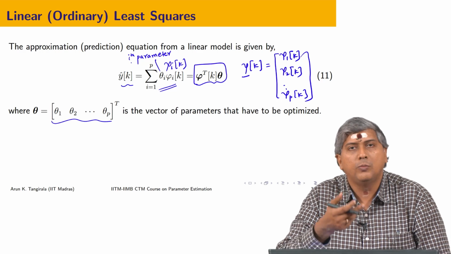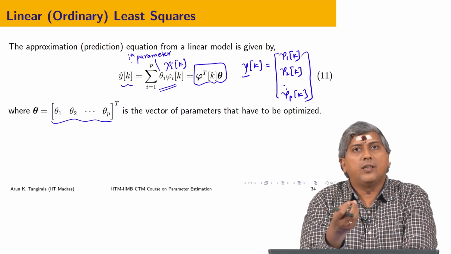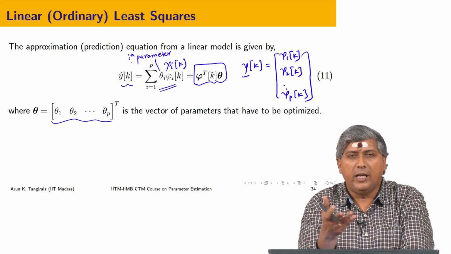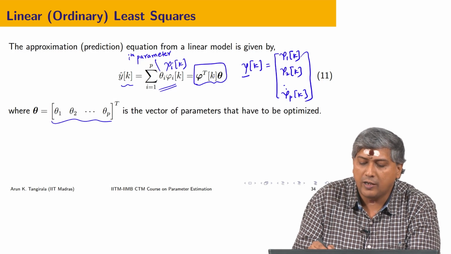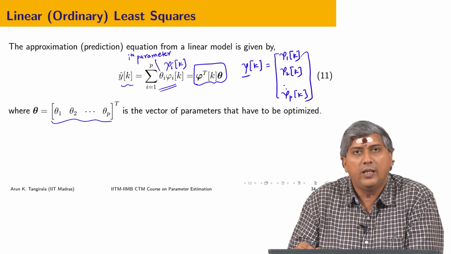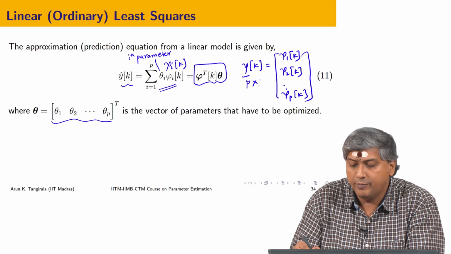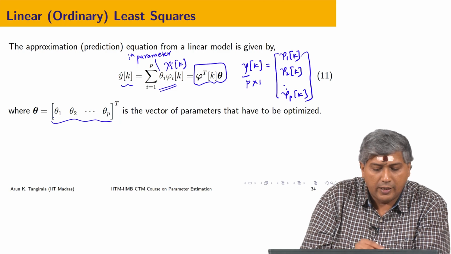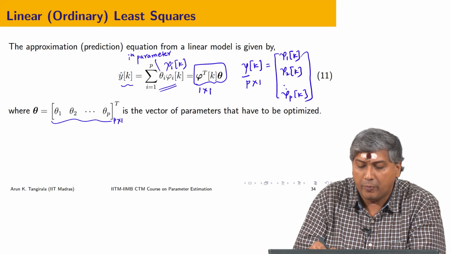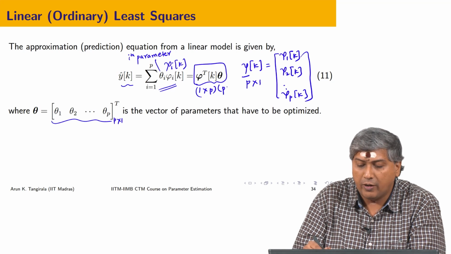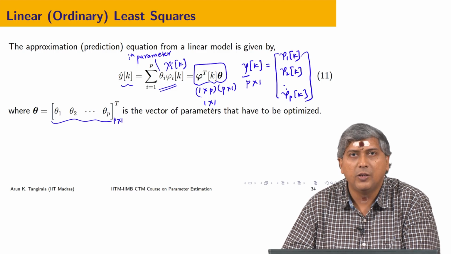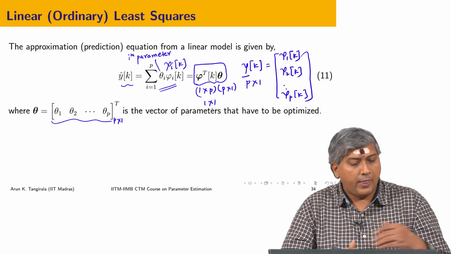For now, we will assume that the variable that we are looking at is a scalar. At every observation it is just a scalar, temperature, height, income and so on. So, that psi transpose k times theta should get me a scalar. What is the size of the psi vector? It is p by 1, and theta is also a p by 1. Therefore, psi transpose is going to be 1 by p times p by 1, that gets me a 1 by 1, it is a scalar. So, dimensionally things are commensurate.